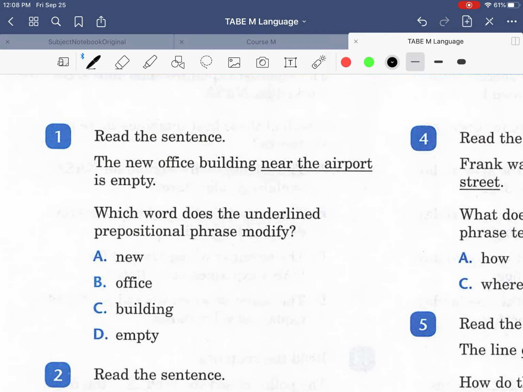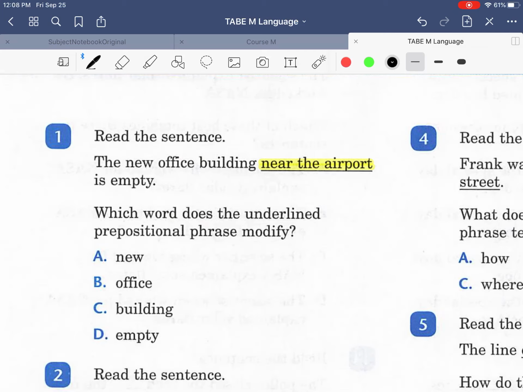Number 1 says to read the sentence. The new office building near the airport is empty. Which word does the underlined prepositional phrase modify? Modify means to describe.